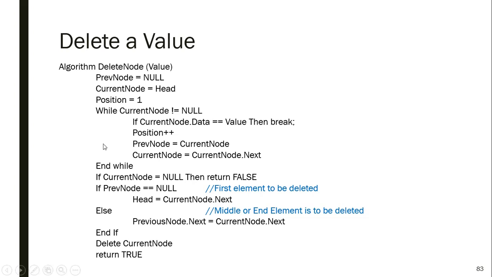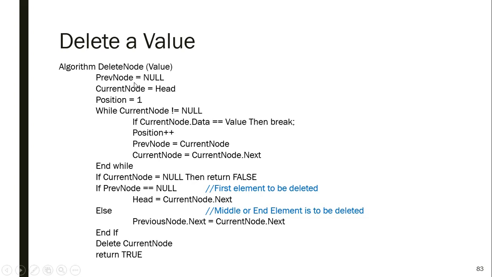As a parameter, that value will be passed. We will delete this value if it is present in the list. If this value is not present in the list, we will not delete it and will return false. False will mean that this value is not found. So here is how we find the value. It is the same searching algorithm that we have copy pasted here with a bit of alteration.